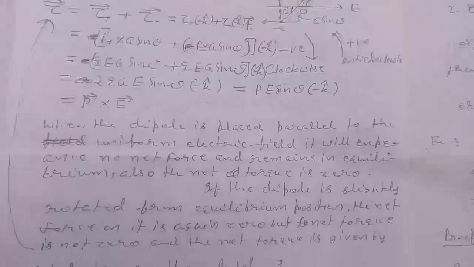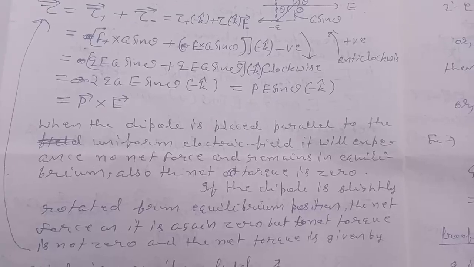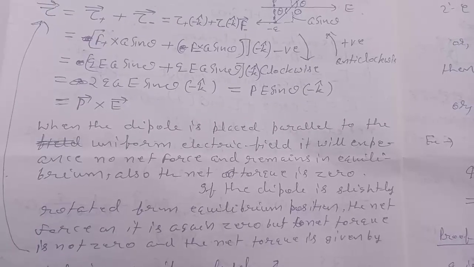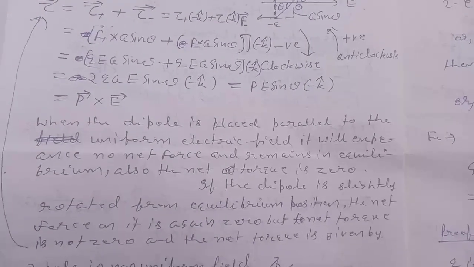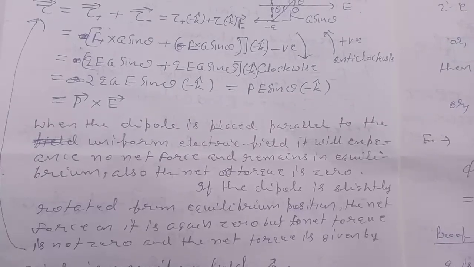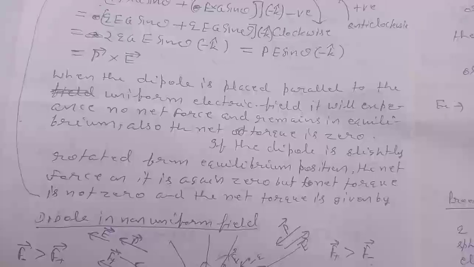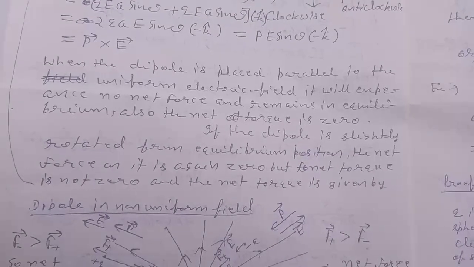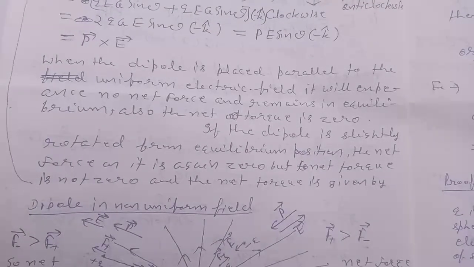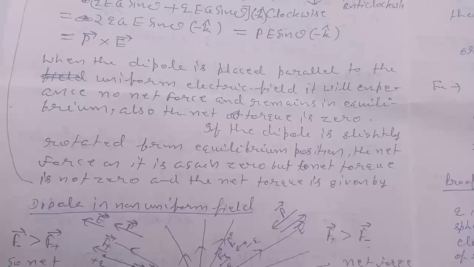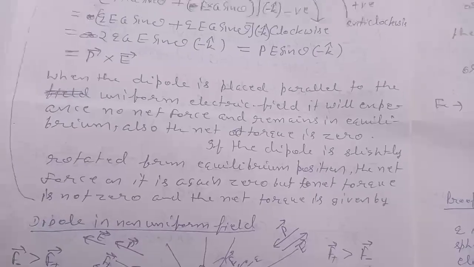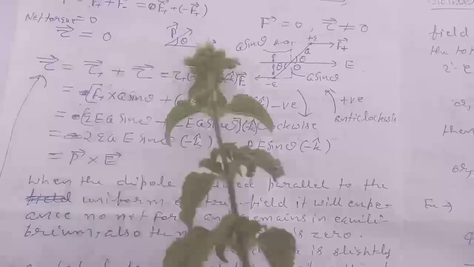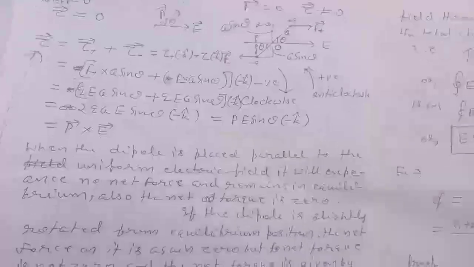When the dipole is placed parallel to the uniform electric field, it will experience no net force and remains in equilibrium. Also the net torque is 0. If the dipole is slightly rotated from equilibrium position, the net force on it is again 0, but net torque is not 0, and the net torque is given by this formula, this derivation.